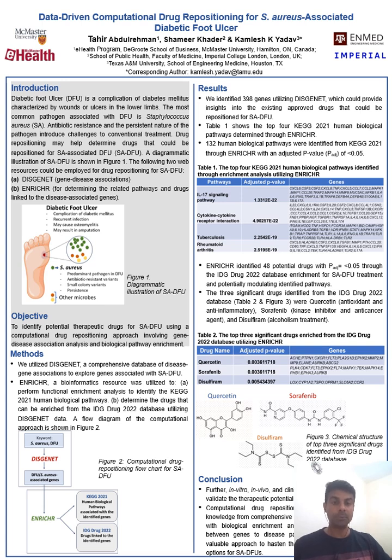Due to antibiotic resistance and the persistent nature of the pathogen, it poses serious challenges to conventional treatment methods. Aureus infections associated with diabetic foot ulcer can lead to recurrent infections, and in severe cases, it may even lead to amputation of the affected limb.